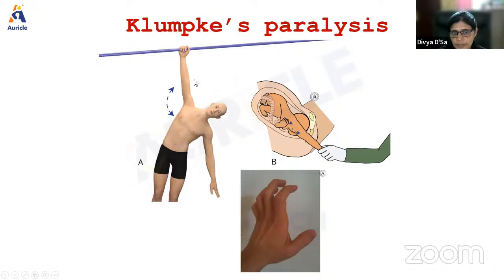Otherwise, if you hang on to something for a very long time, there will be undue stretching that can injure the lower trunk. The lower trunk forms which cord? The medial cord, and the medial cord continues as the ulnar nerve, right? So it can lead to claw hand deformity.